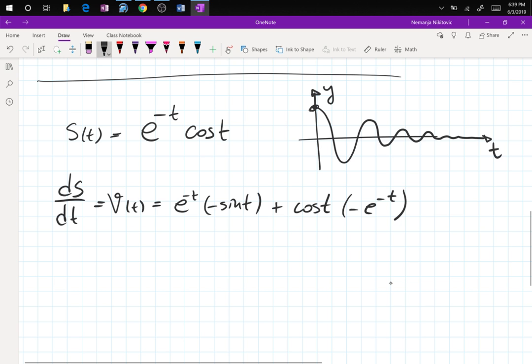So that business that we had, like sine ax and so on, you remember we had the one for e as well. So e to the at was a, e to the at. In our case, a is -1, so that's why the negative dropped down when we took the derivative of e to the -t. So now we can factor out negative e to the -t, leaving sine t plus cosine t in parentheses. And this would be our velocity function.